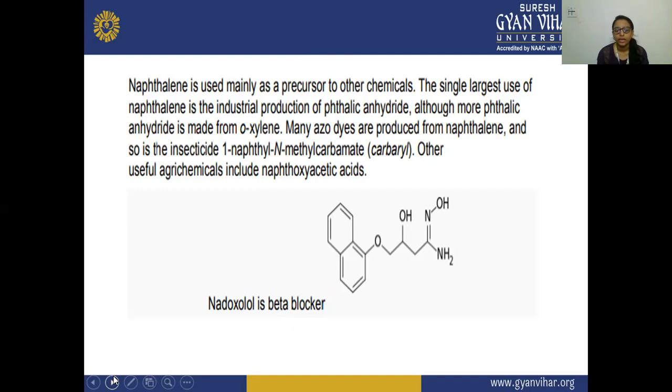The other useful agri-chemicals are the agricultural chemicals used to protect the plant or crop from insects or other pests. These include naphthoxyacetic acid. And this is the structure of nadoxolol, a beta blocker. It is also used in the preparation of the beta blocker propranolol.